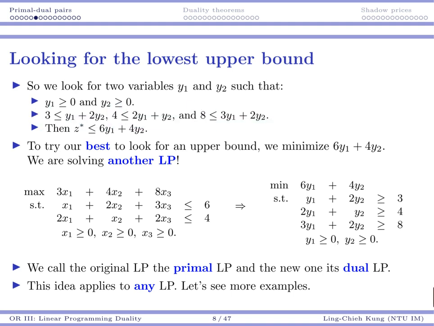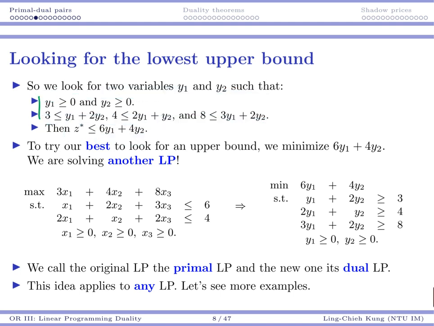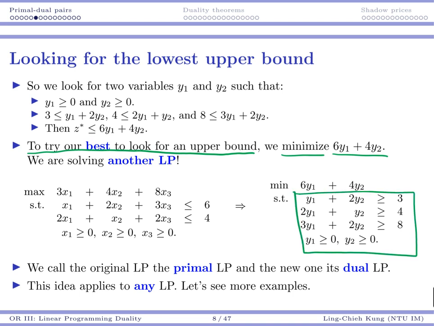If all these things are applied, then we know the z star cannot be greater than 6y1 plus 4y2. Immediately we realize one thing. This is to solve another linear program. If we try our best to look for an upper bound, we minimize 6y1 plus 4y2 subject to all these constraints, right?